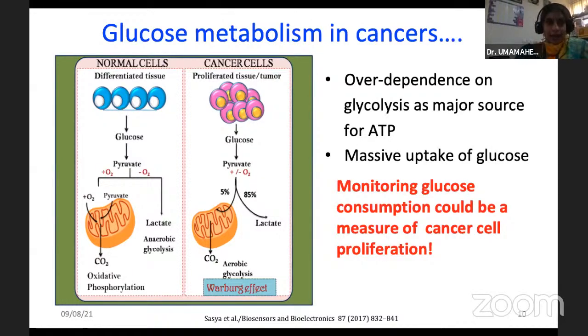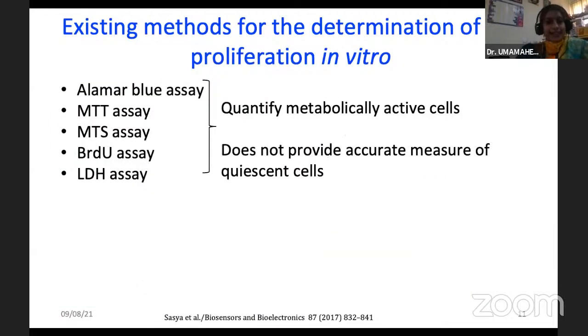Now there are other methods by which we actually do this. All the in vitro studies do this a lot. So we wanted to see if our glucose sensor would be a useful and much more convenient alternative to the conventional methods. If you look at the existing methods for looking at cell proliferation, we have a lot of dye-based assays, which are listed here, the Alamar Blue, the MTT and MTS assays, which are tetrazolium salt-based assays and so on.